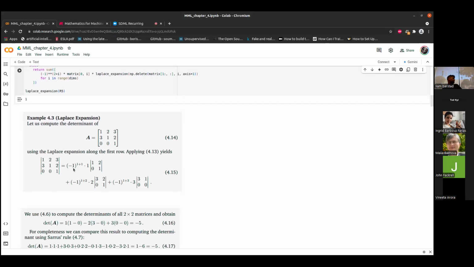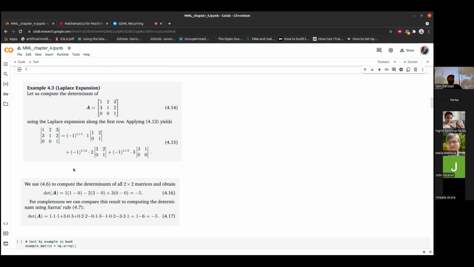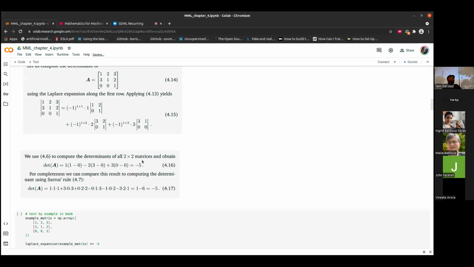And then they did this by hand in the book, more or less. And you can see here how that's working. You're oscillating the sign, and then computing the inner determinant and using that to find the solution.